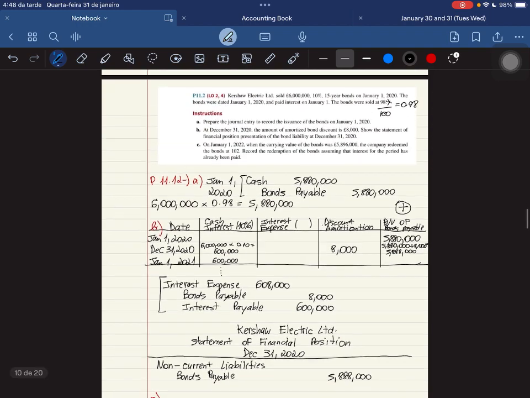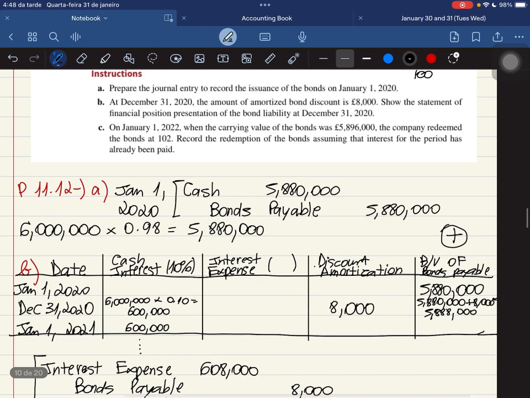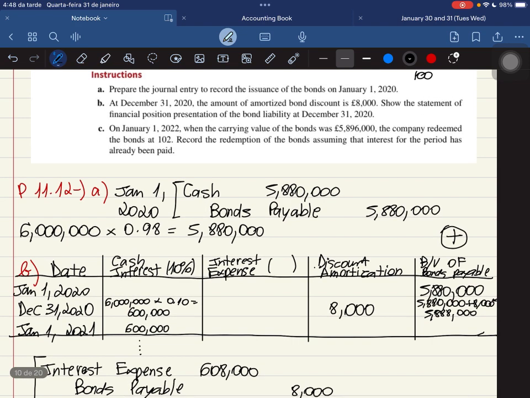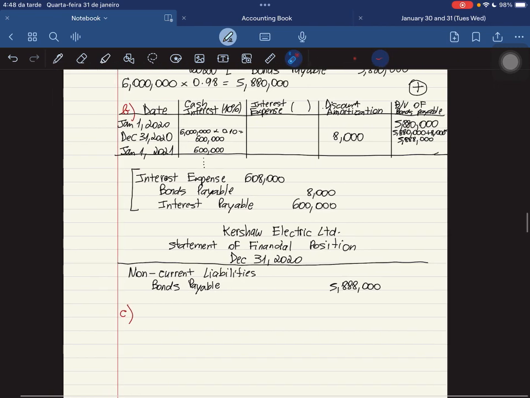Okay, see. On January 1st, 2022, when the carrying book value was 5,896,000, the company redeemed the bonds at 102. Record the redemption of the bonds, assuming that the interest for the period has already been paid. Okay, so we are under here, right? So I'm going to bring all of this down.